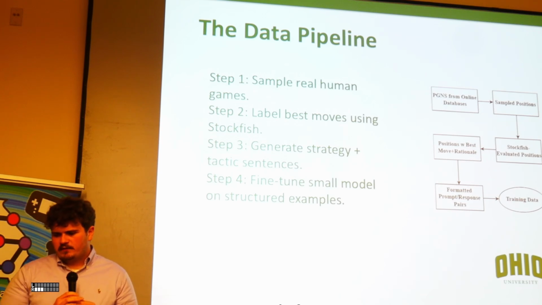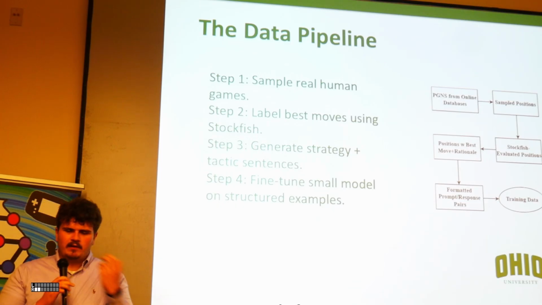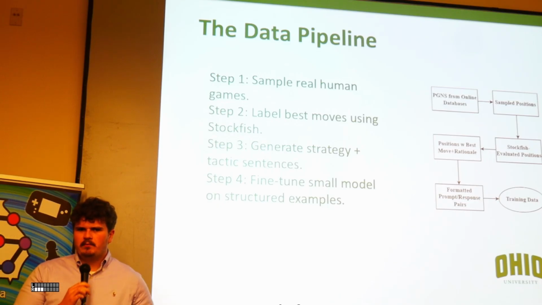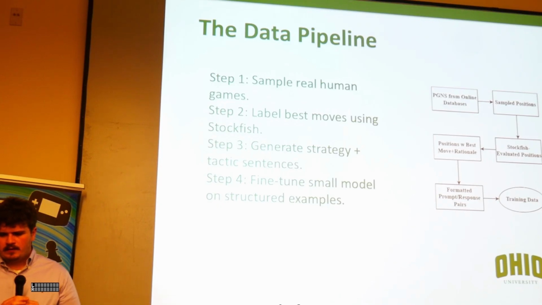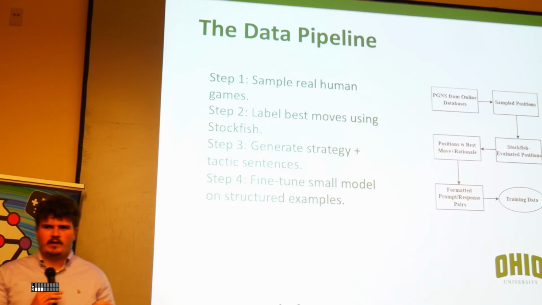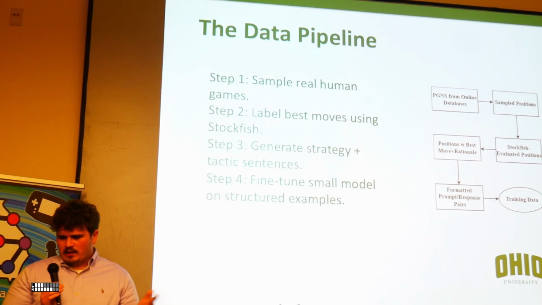Some subset are elite players, into the master realm of 2,300 ELO. And we sample positions from those games. So given a game, randomly select after move 11, here's what the board looks like, and it's white's turn to move. And then do that for a lot of games.